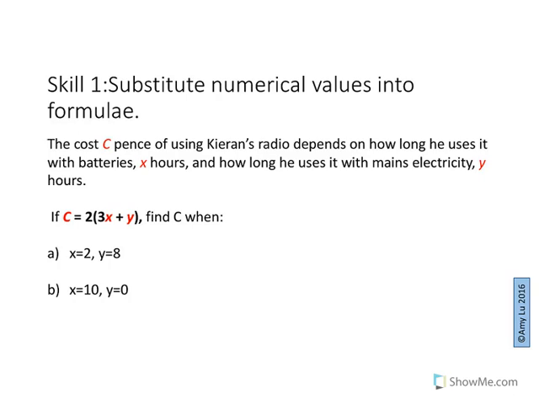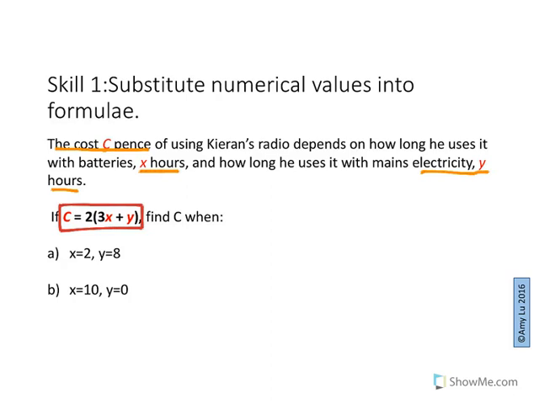In this case, we're having a few little errors here with the typing. We know that C represents the total cost and it's in pence. We know that X represents the hours in terms of battery life, and Y represents the hours in terms of electricity. So again, we don't really need to understand right now why the formula is what it is, but here is the formula.